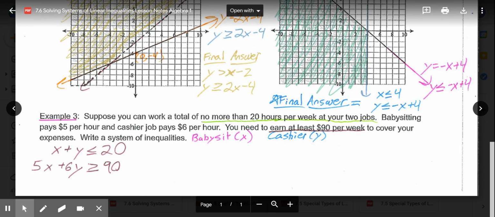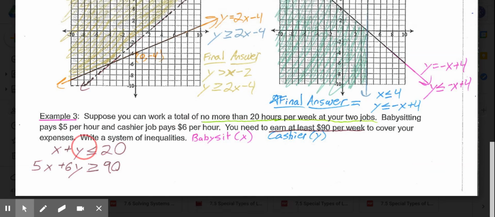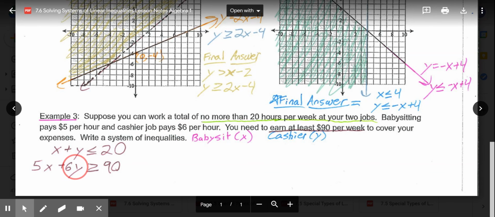Then $5 per hour for babysitting, $6 per hour for cashier, so 5x plus 6y is at least $90 per week. At least would be greater than or equal to 90. So then we'd have our 2 inequalities for our system of inequalities.